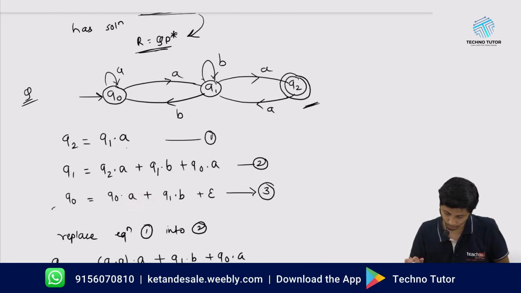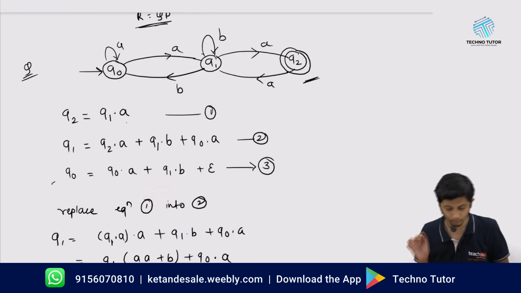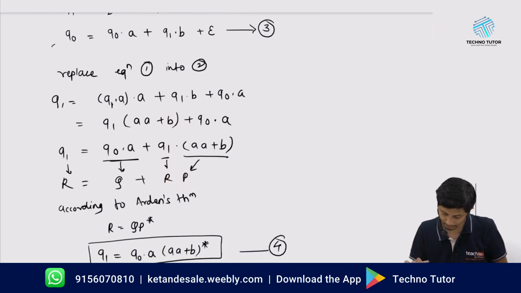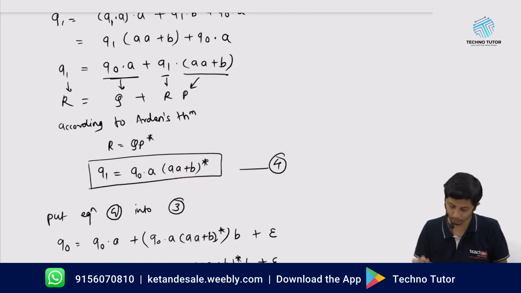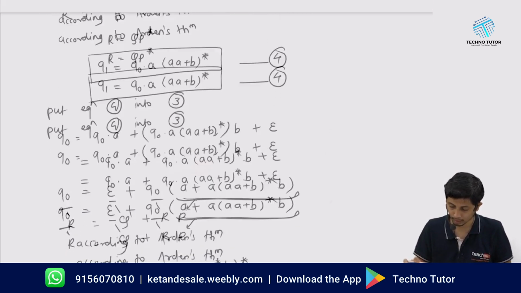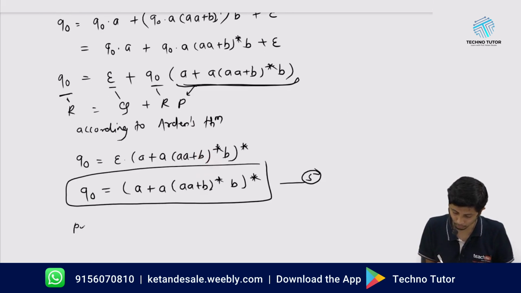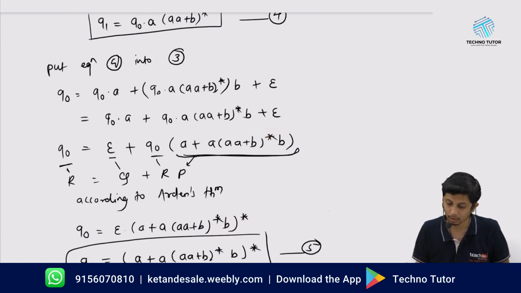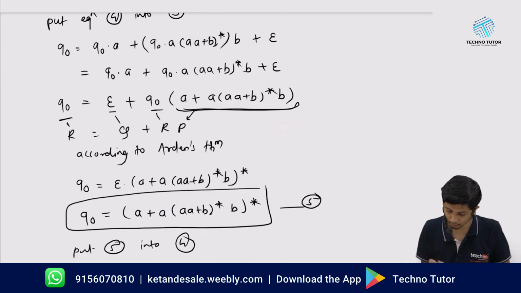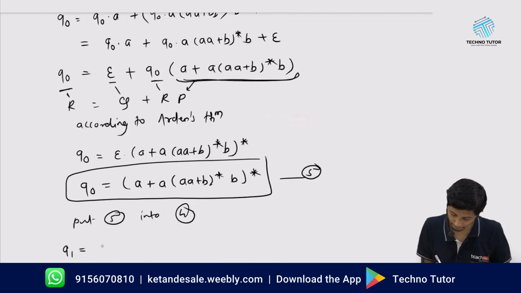Now Q2 if you want to find out, you should have the value of Q1. So Q1 का value हमें यहाँ पे मिला था with respect to Q0. So we will put this 5 into 4. So put equation 5 value into 4, and so you will get the value of Q1 as is equal to Q0 dot. So पहले Q0 का पूरा value हमें लिखना पड़ेगा.